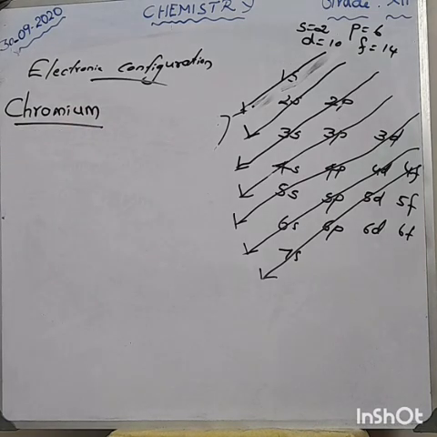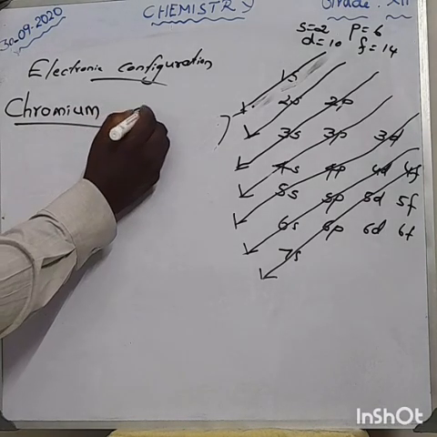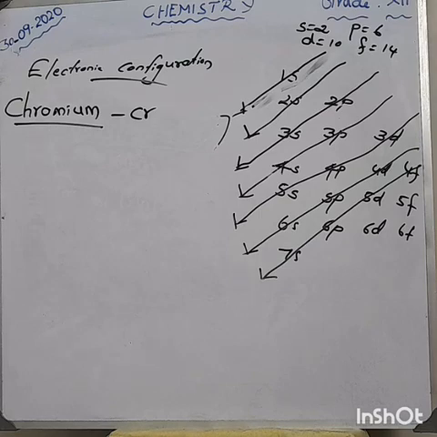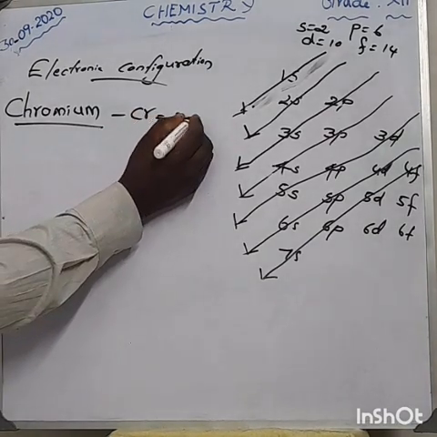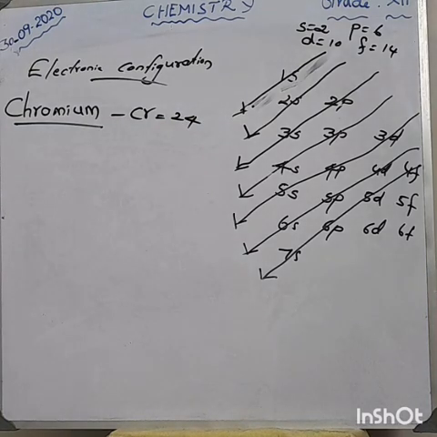The symbol of chromium is Cr, chromium metal. The atomic number of chromium is 24. How can you write the electronic configuration of chromium? This is one of the 2-mark questions. First you write chromium.